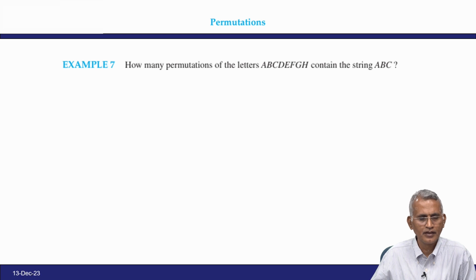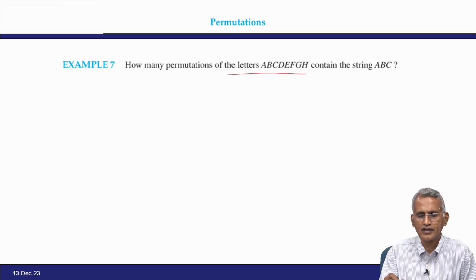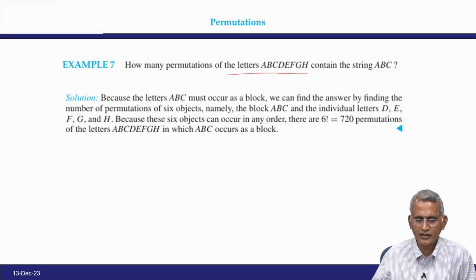Next example, how many permutations of the letters A, B, C, D, E, F, G, H contain the string ABC? Now, we have 8 letters containing the string ABC.